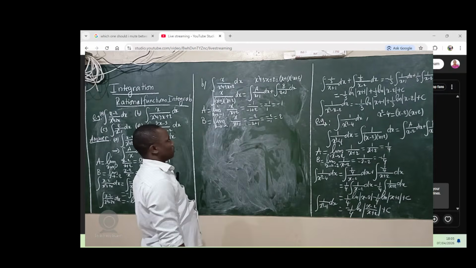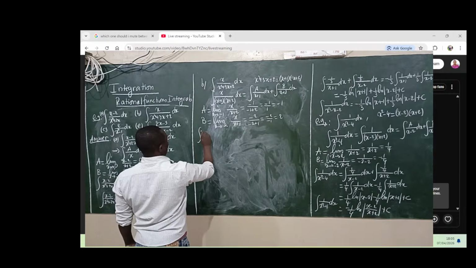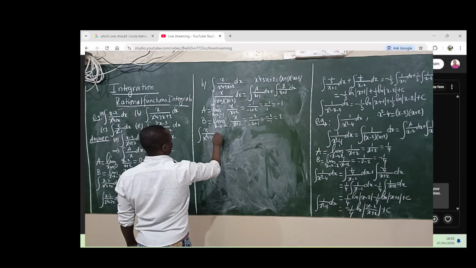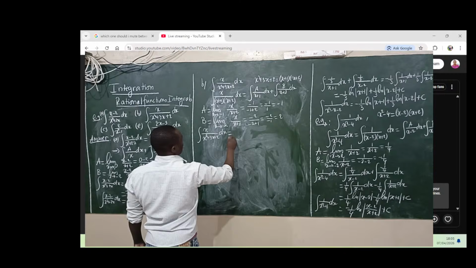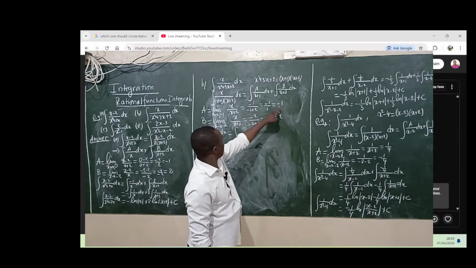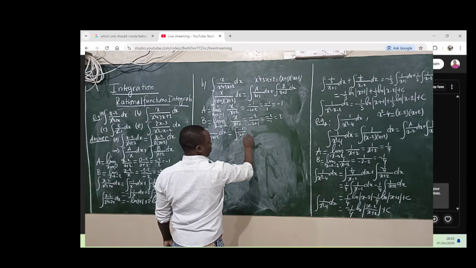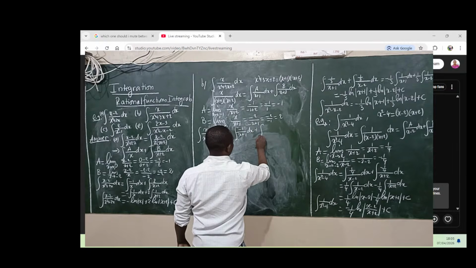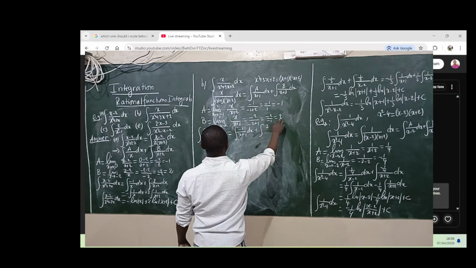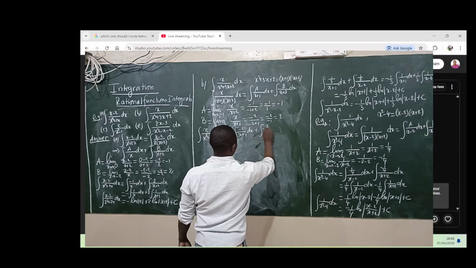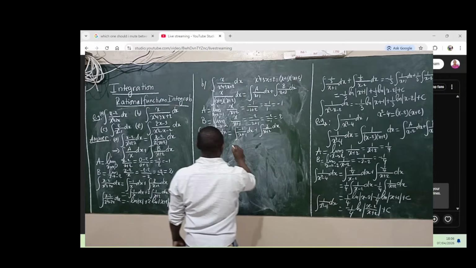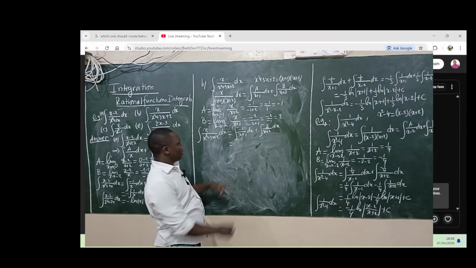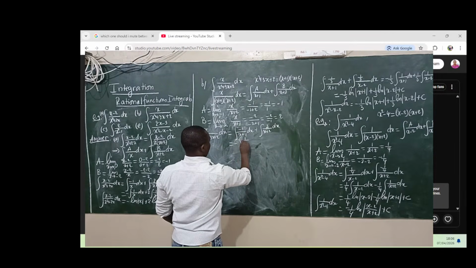So the integral of x by x squared plus 3x plus 2 dx will be, we are going to replace a by minus 1, the integral of minus 1 over x plus 1 dx plus the integral, our b is going to be replaced by 2, of x plus 2 dx. We need to take this minus 1 out of the integral sign. This is going to be minus 1 by x plus 1 dx plus 2 out of the integral sign.